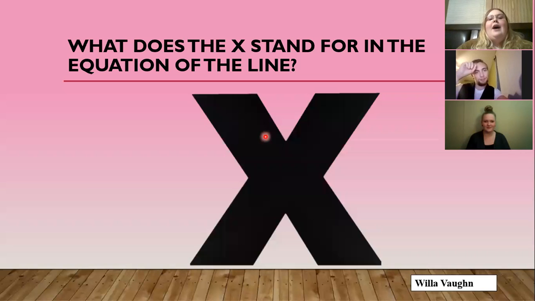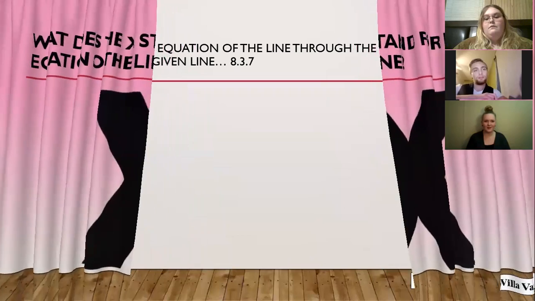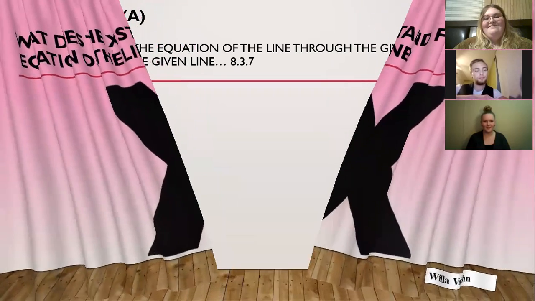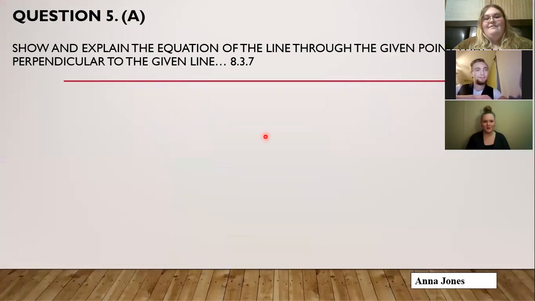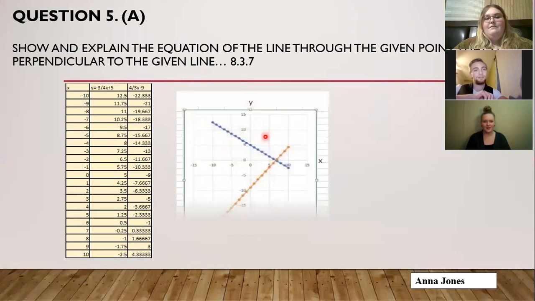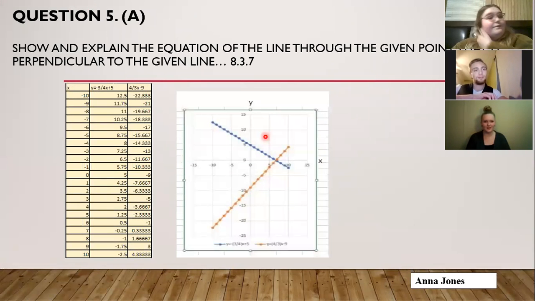Okay, so I actually have a question as well. So we know how to plot these points now, but what does the x actually stand for in the equation of the line? I'm glad you asked, Willa. The x in the equation of a line is the value that we're going to be adding into our line.